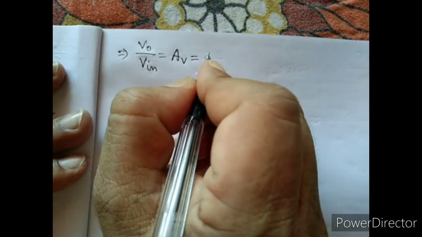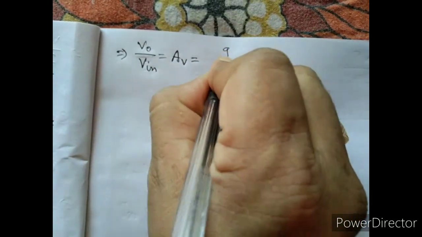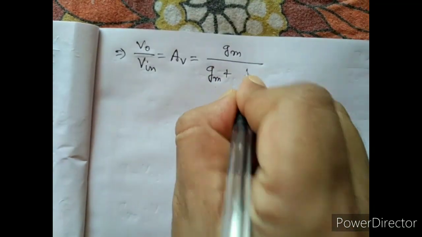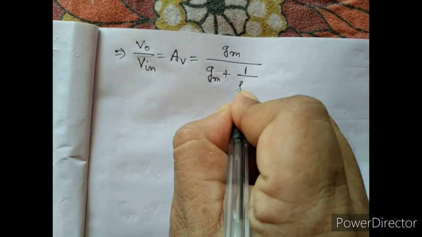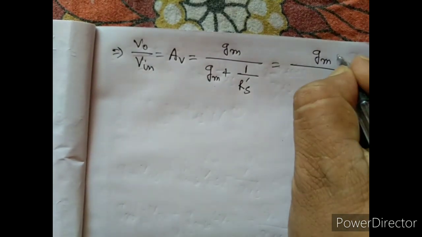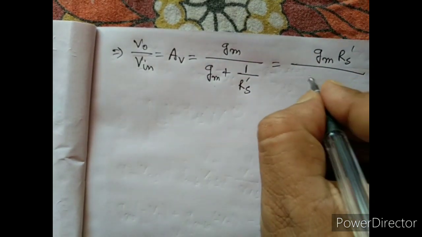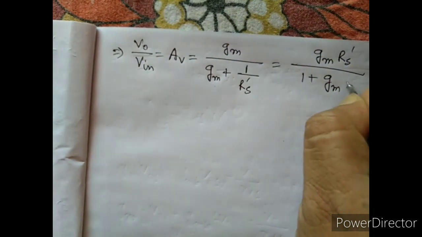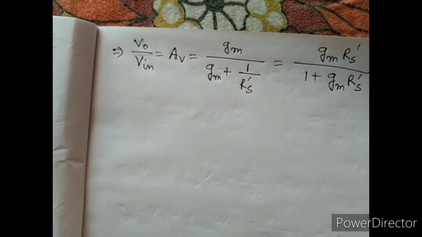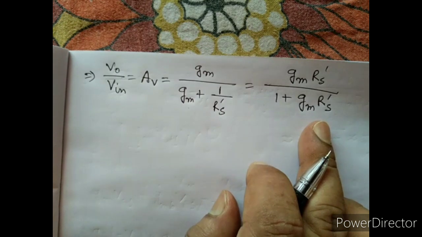So now from the previous one we can write V0 by Vin, that is AV, the voltage gain, equals gm by gm plus 1 by RS dash. From here we can write gm RS dash by 1 plus gm RS dash. Now this is the final voltage gain.